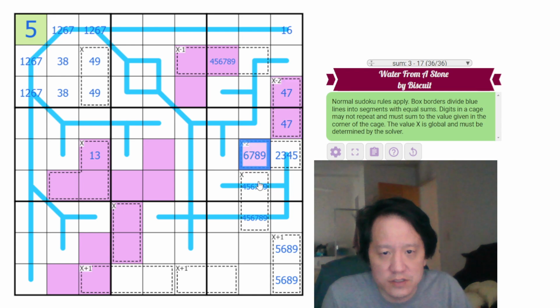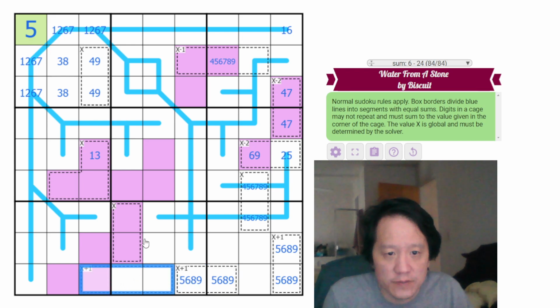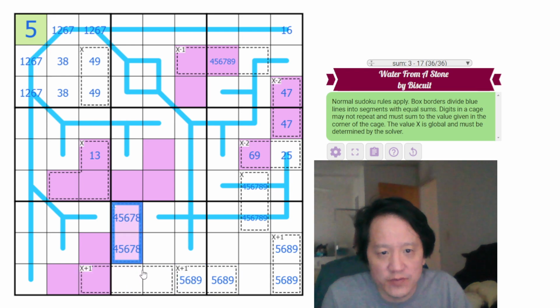So this is 6 or 9, right? This is 4 or 7. So 4, 9, and 6, 7 add up to 13. This is also 14. This is also 14. So this is 4, 5, 6, 7, 8, 9.